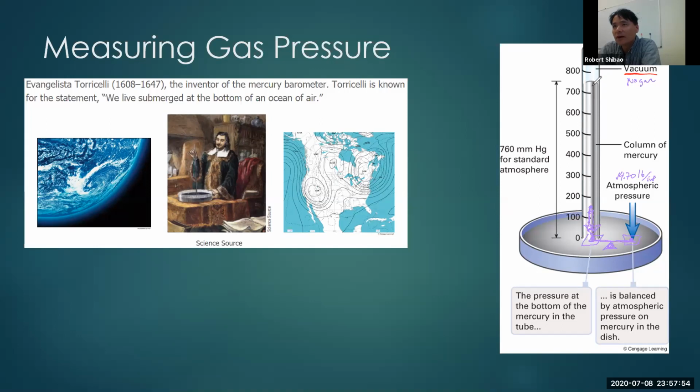How much? I'm going to have to fill it up to a height of 760 millimeters. If I can fill it up to that height, then I get 14.7 pounds of mercury per square inch. If I go higher, I'll have more pounds. If I go lower, I'll have fewer pounds. But on an average day, it's 14.70 pounds. This is what we call atmospheric pressure, or standard atmospheric pressure.